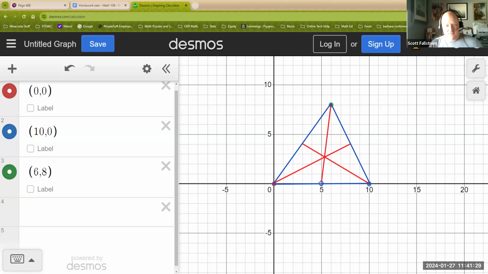There we go. These are the midpoints of the sides. So if you have a triangle, any triangle, and you find the midpoints of the sides and connect them to that kind of opposite vertex, all of those lines are going to intersect at a single point every time.